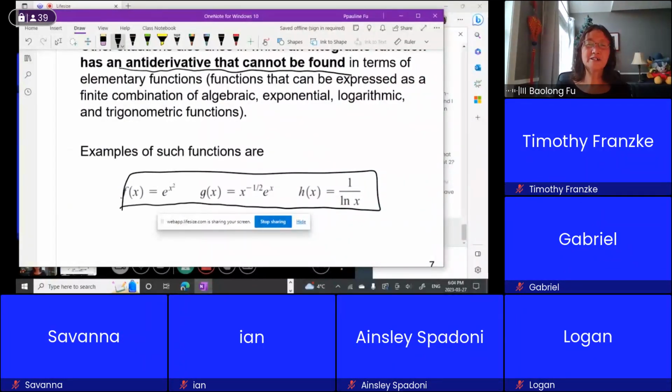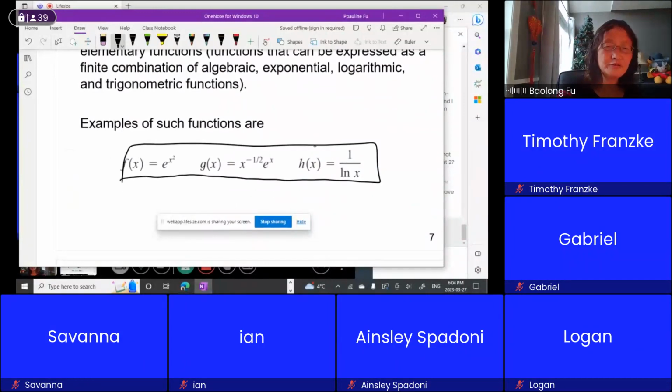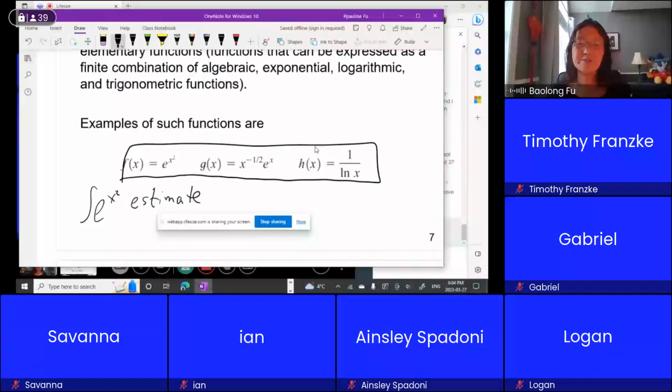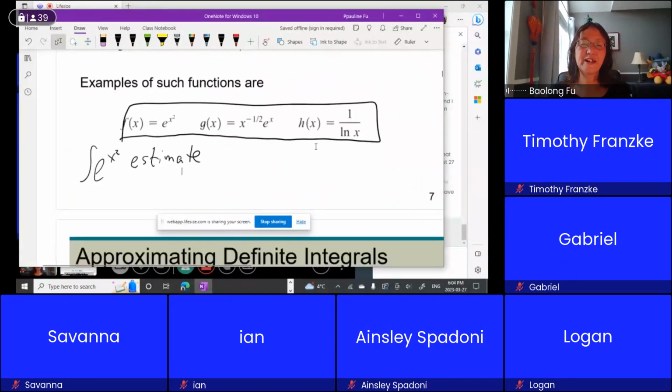If you cannot find an antiderivative, how do you do, for example, e raised to power x squared? You cannot do it. But we can estimate. Okay.